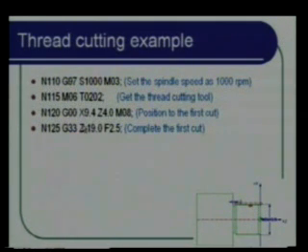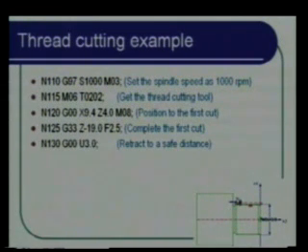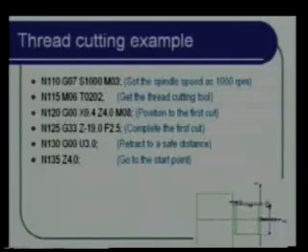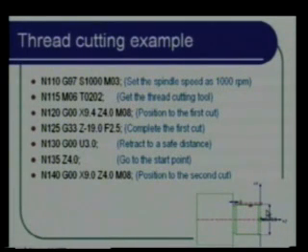The starting point of the thread will always be at the same point where you will be cutting, so that you will be following the same thread. Complete the first cut: you go from here all the way to this point, then retract, go to the start point, then take the next depth of cut, and then say G33.